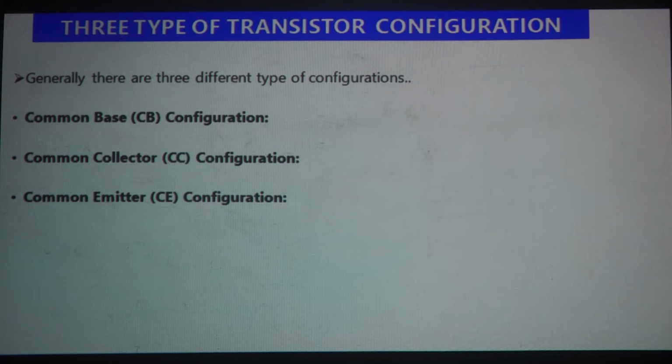The second is the common collector configuration, which we call the CC configuration. And the last one is the common emitter configuration, which we call the CE configuration. We see them one by one.